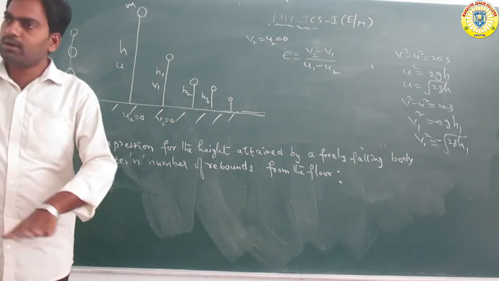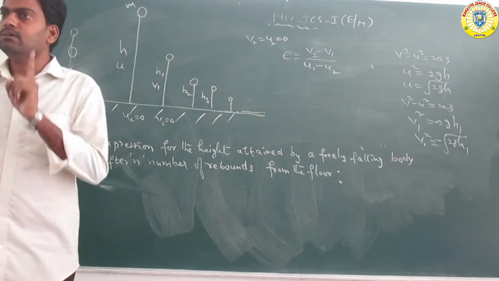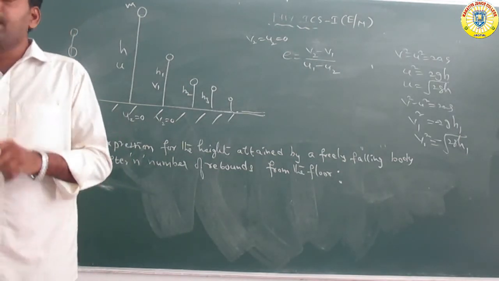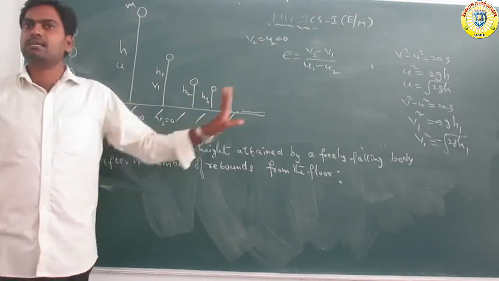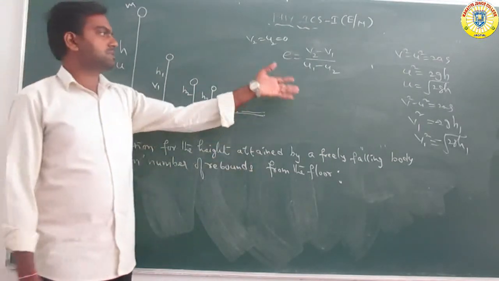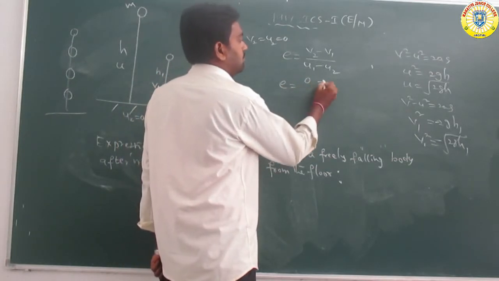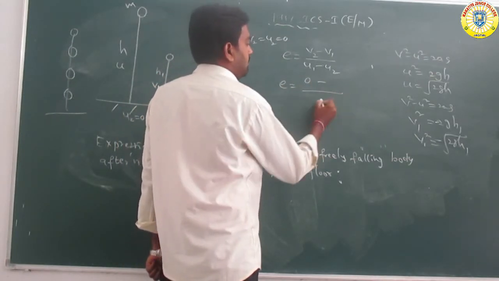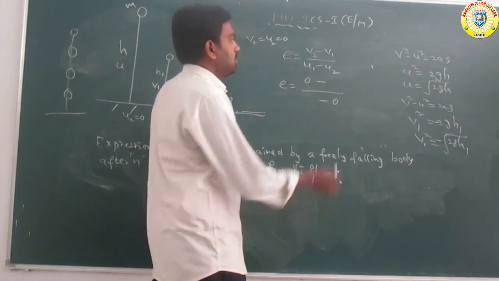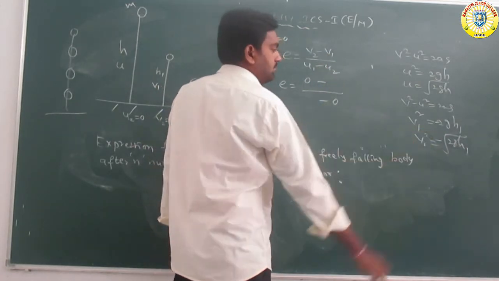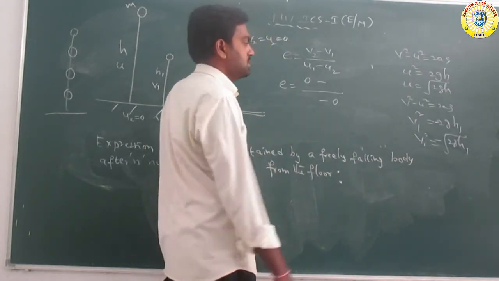In the body before and after collision, the ground or the floor is at rest. That means one body is at rest. So substituting in the equation, we get the restitution. V2 is 0, minus 0. So v1 is equal to under root of minus 2gh1.